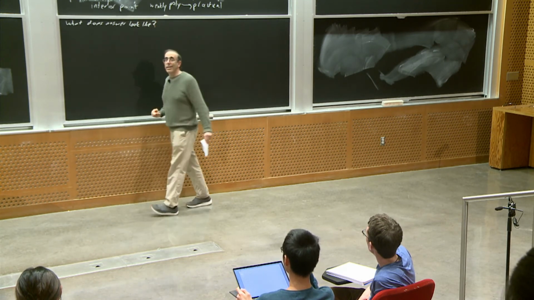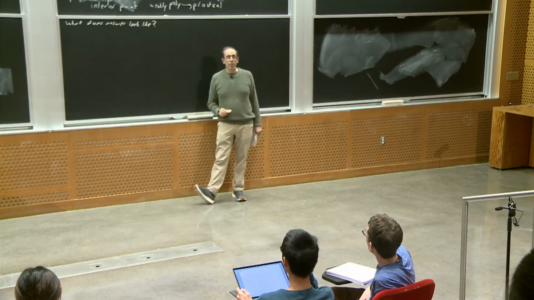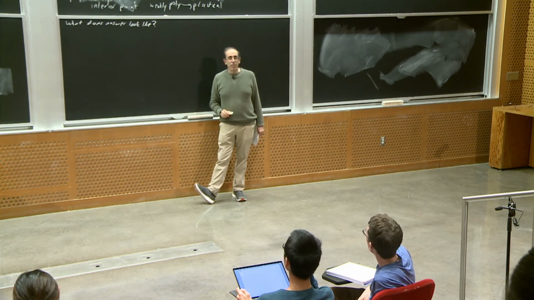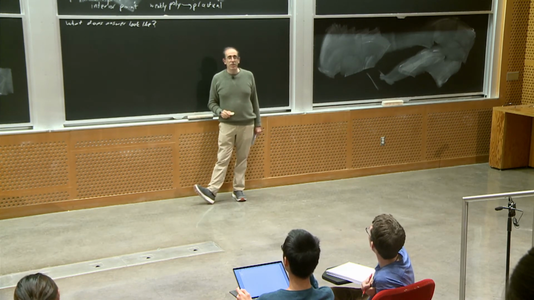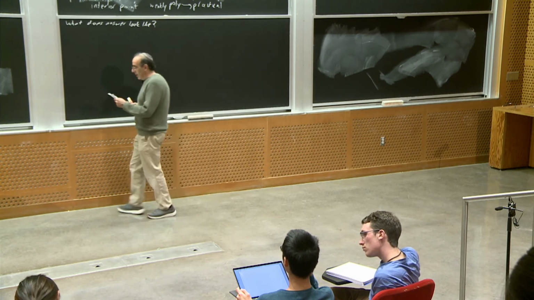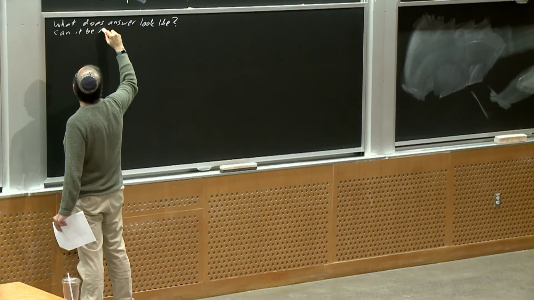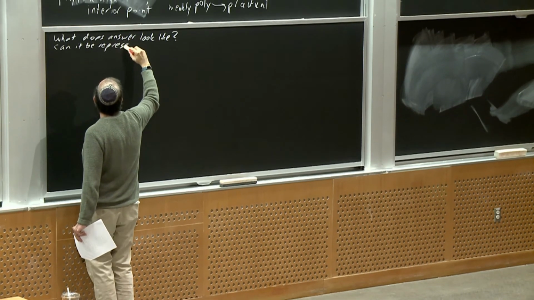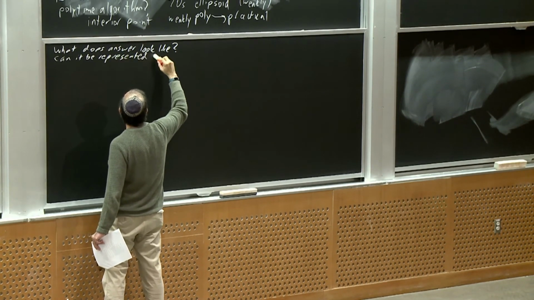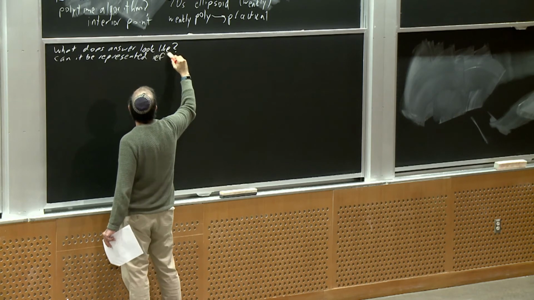How do we know if we can write down the answer to a linear program? Maybe it involves real numbers that require infinite precision. Okay. So can it be represented in finite space or efficiently?